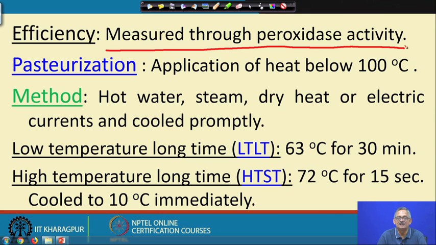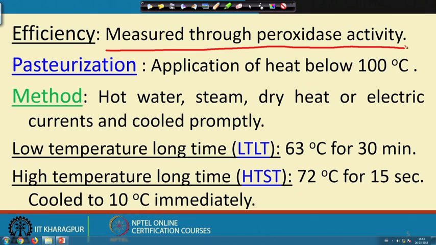By definition we can call it low temperature long time, that is at lower temperature. I said that we will come to another parameter called temperature quotient after some time, maybe some class. There you will see that the higher the temperature, the higher the rate of reaction.